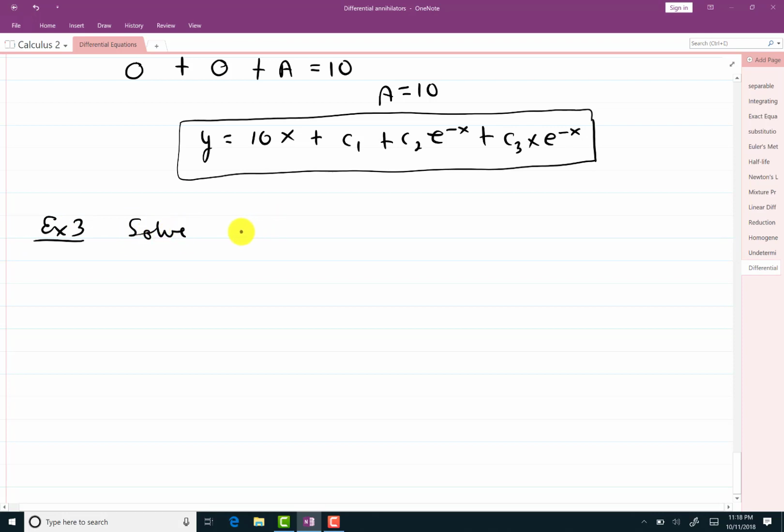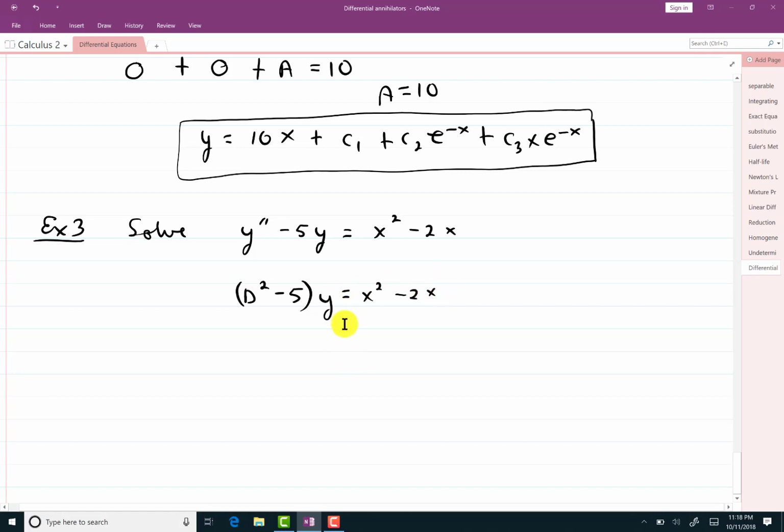This one you have y double prime minus 5y equals x squared minus 2x. So once again, I'll convert to D squared minus 5 of y equals x squared minus 2x.